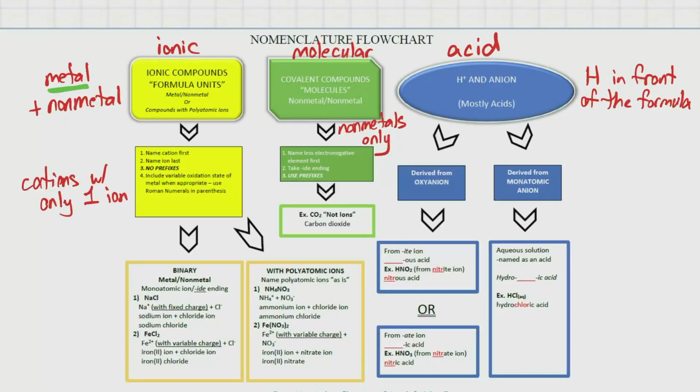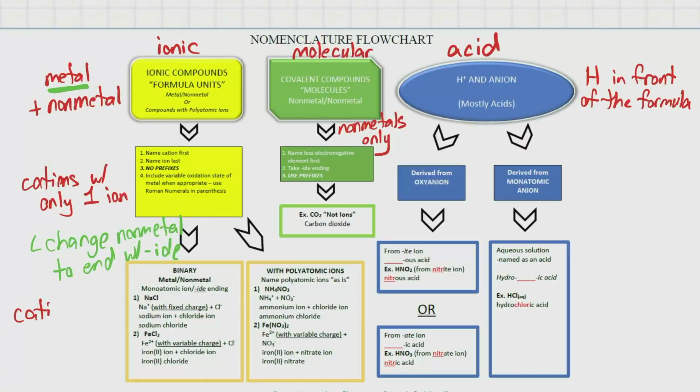Nothing special, nothing fancy about it. And then we change the ending to "ide" for the second thing. So we change the nonmetal to end with "ide." And that's true for both types of cation options.